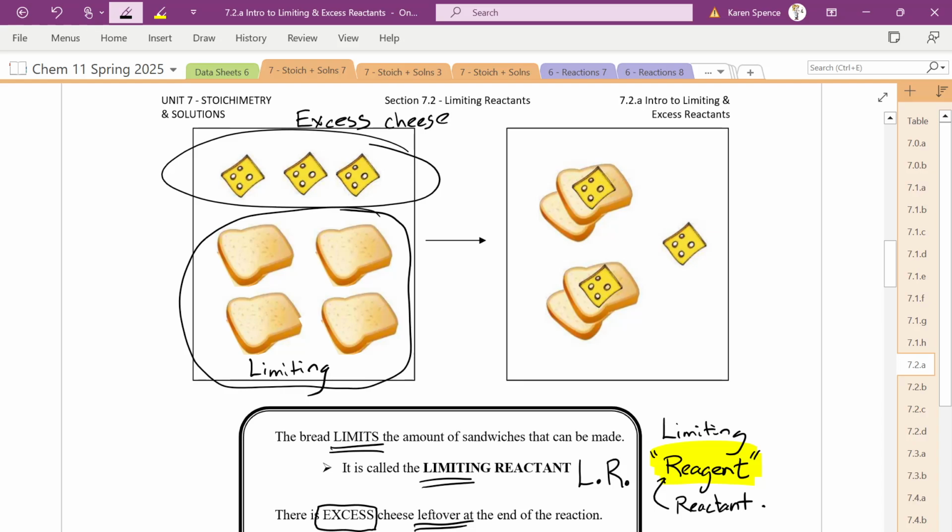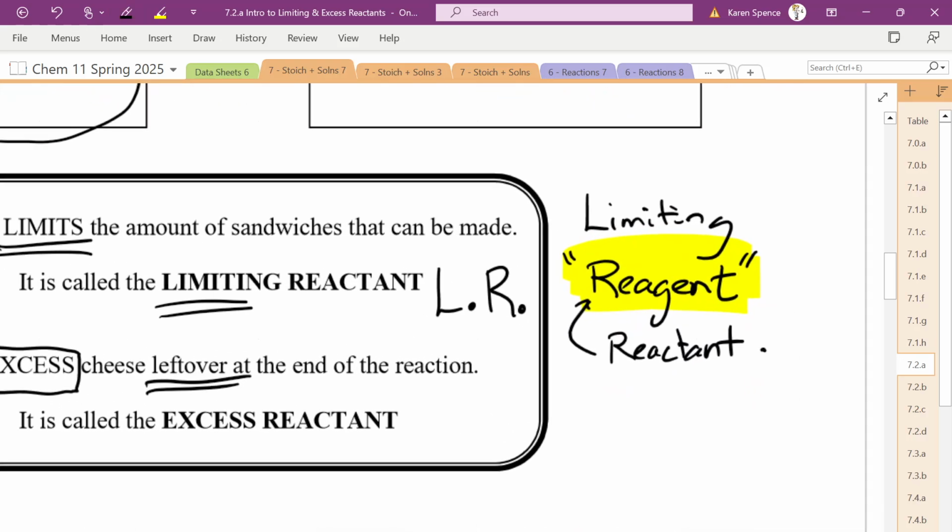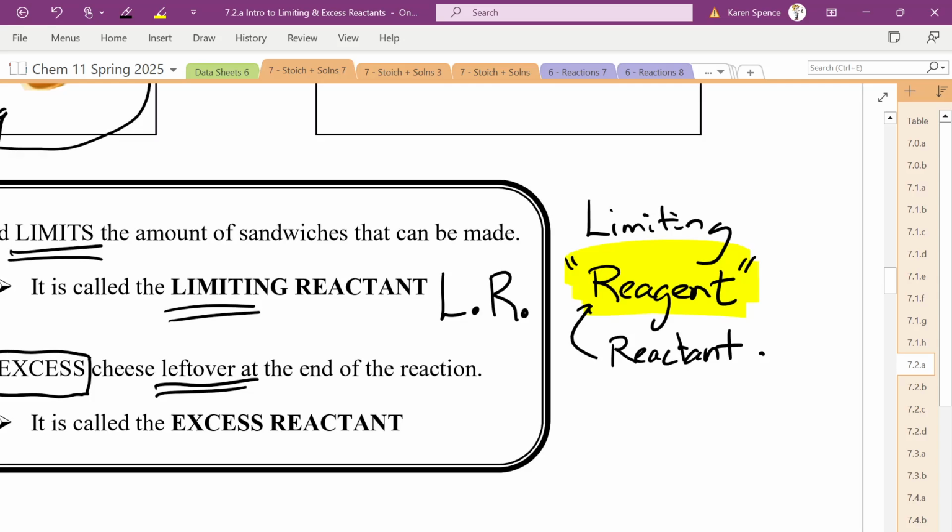And because excess sounds like XS, that's how we represent our excess reactant, with the X and the S. So we have our limiting reactant and we have our excess reactant.